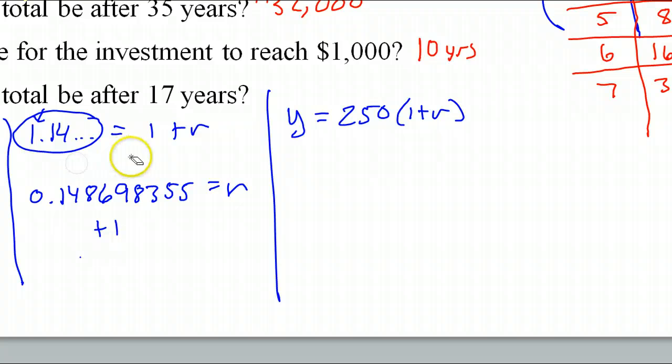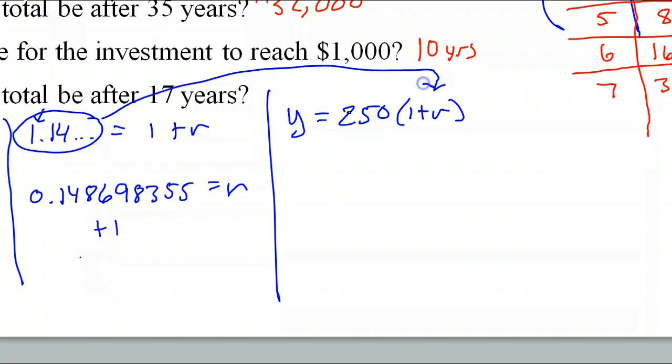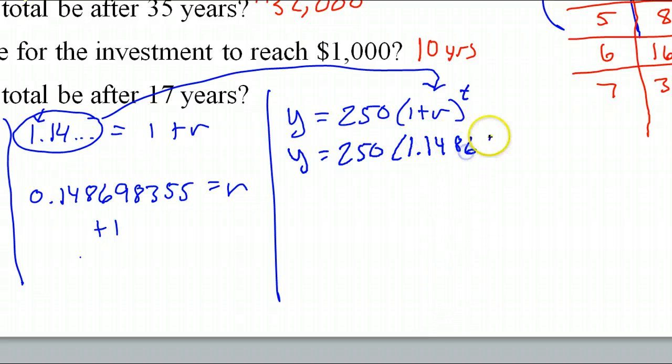There was no need to subtract 1 from both sides. I can just take this and put it right here. So y is equal to, and it's to the t power. So that's 250 times 1.14869835 to the t power. Okay, we need all of those decimals. So you can write them down, or you can use the trick that I'm about to show you. Okay, so this is the formula.